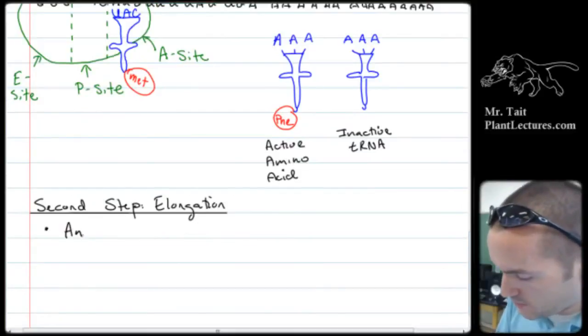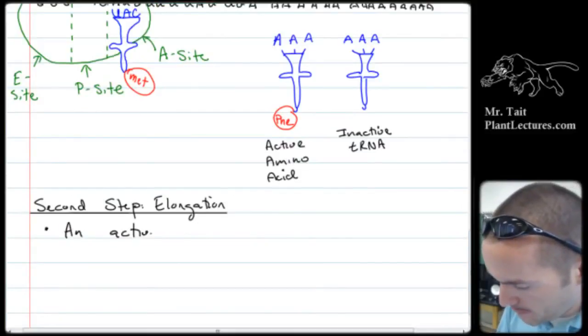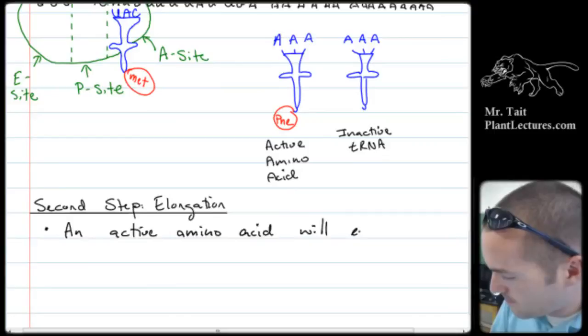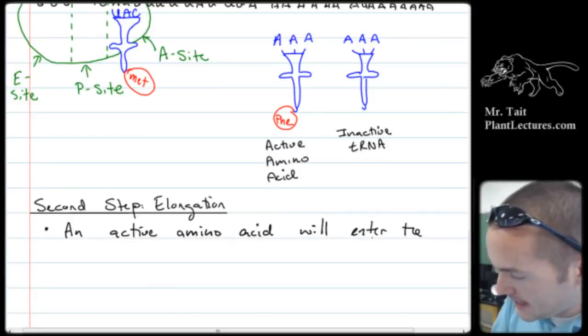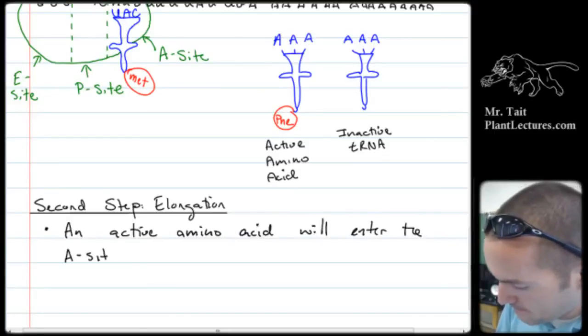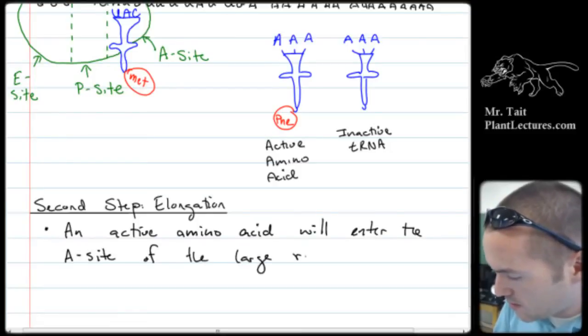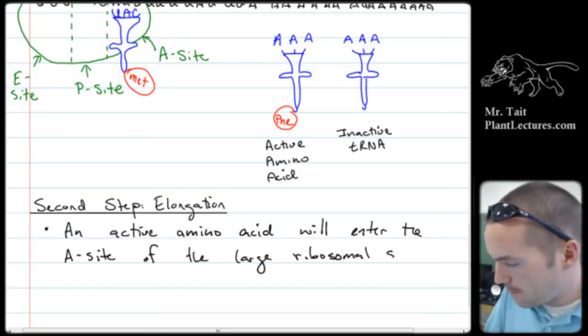So an active amino acid will enter the A site of the large ribosomal subunit.